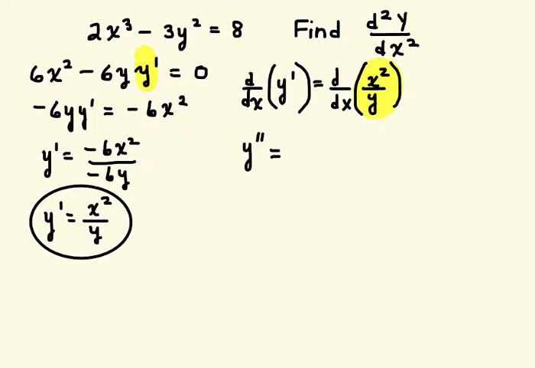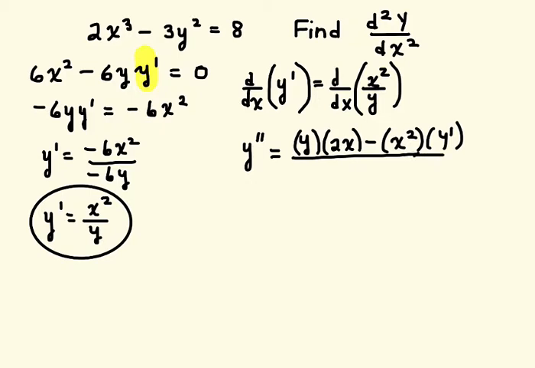Okay? So let's do that. So I'm going to have a quotient. Remember, it's low, which is y, d high, so that's a 2x, minus high, which is x squared, d low, which is going to be y prime, over y squared, right?